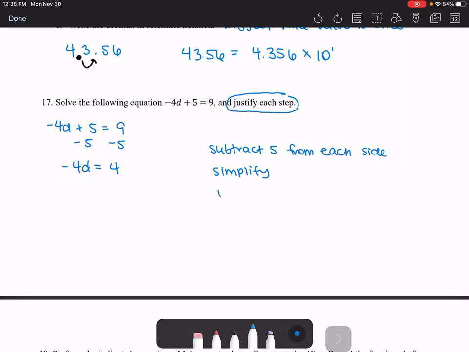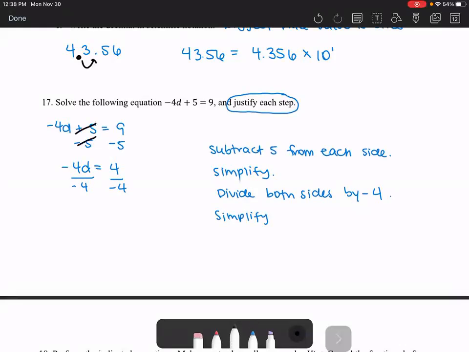And then we're going to divide both sides by minus 4, and then we're going to simplify that because we know that the 5 and the negative 5 cancel, the negative 4 and the negative 4 will cancel. So we get d equals minus 1. And that's all.